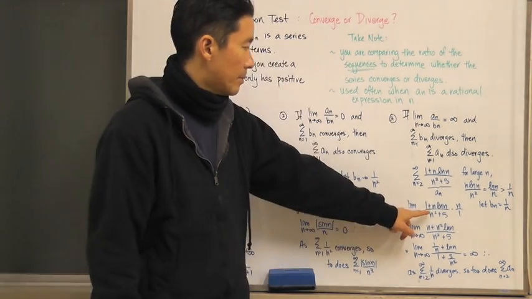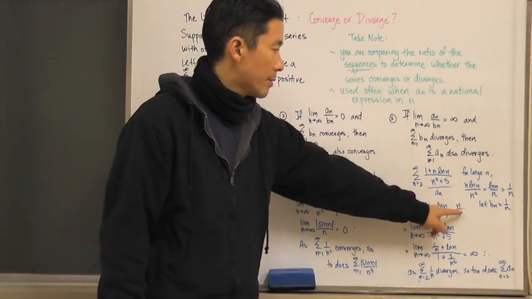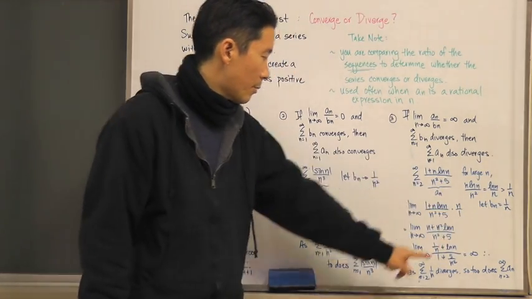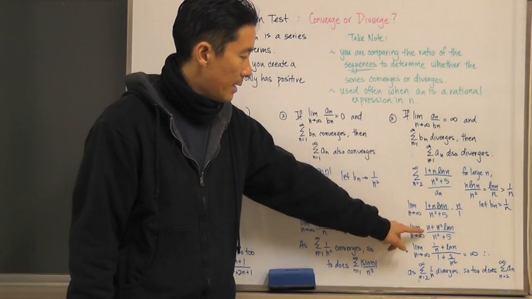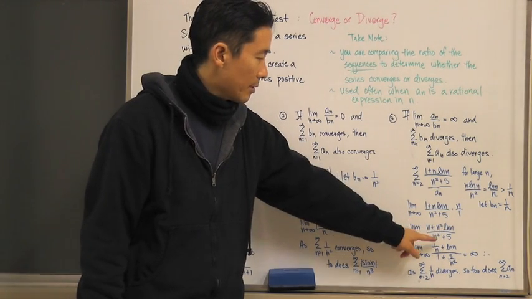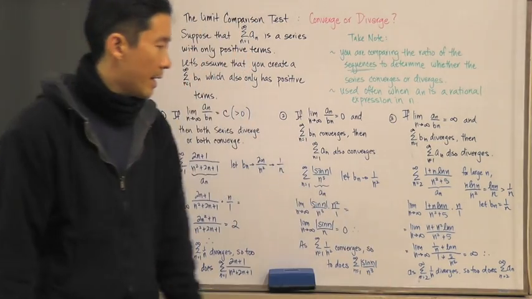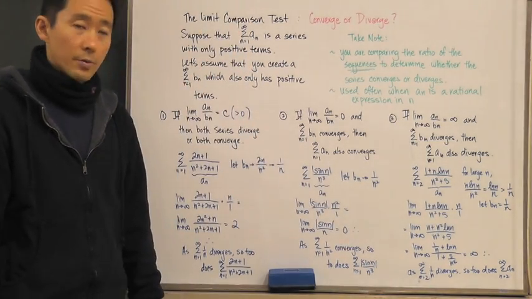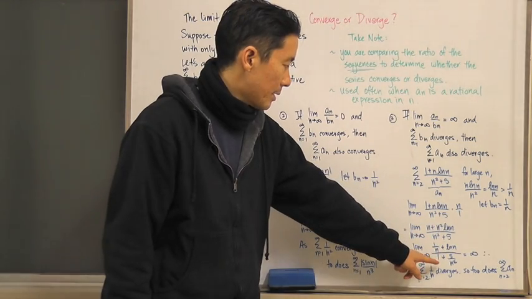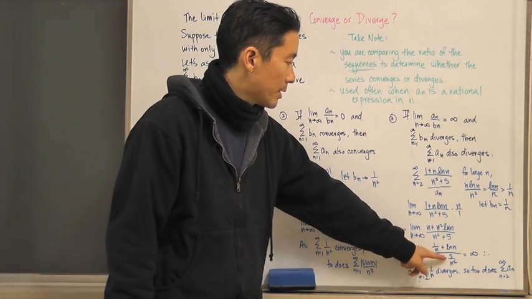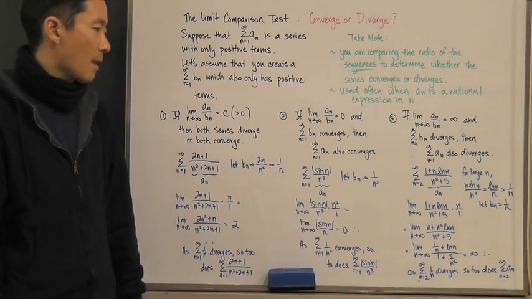If I multiply the sequence generator here by the reciprocal of b sub n, which is just n over 1, I come up with the limit as n approaches infinity of n plus n squared natural log n divided by n squared plus 5. If I divide every term by n squared, I come out with 1 over n plus the natural log of n divided by 1 plus 5 over n squared, which is of course going to be infinity.